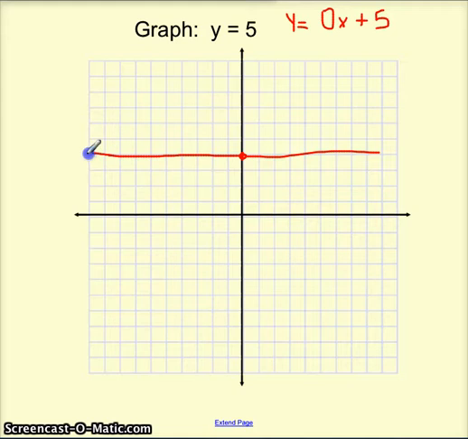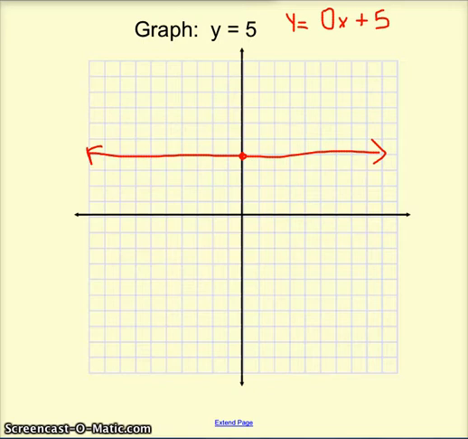That means no matter what x is, y is always going to be 5 up all across. So for every point of x, x could be 1 and y would still be 5. Y is just always, always, always 5.